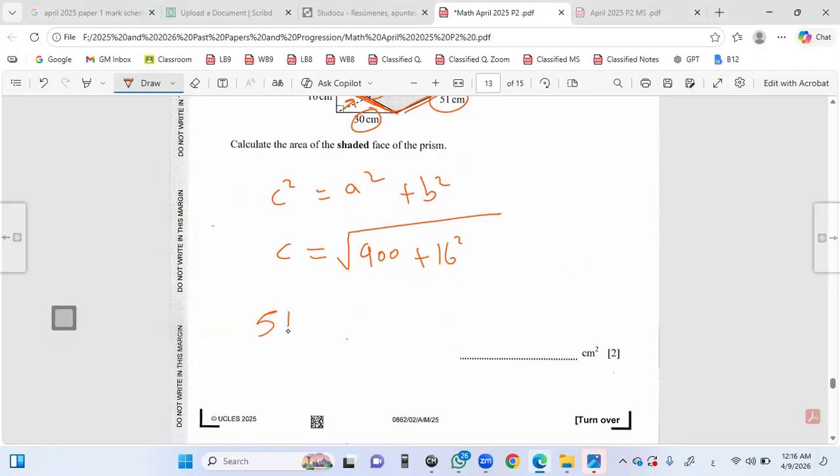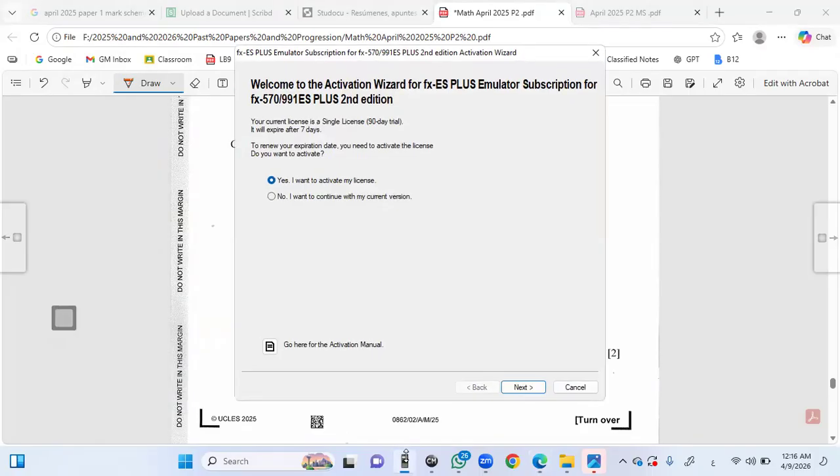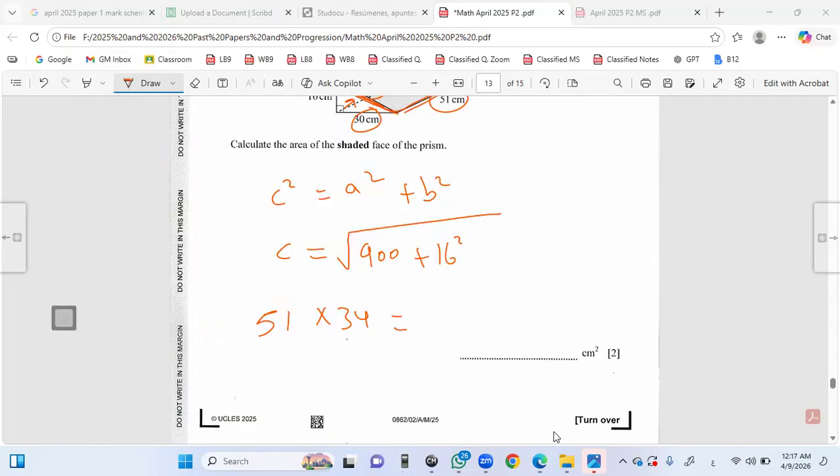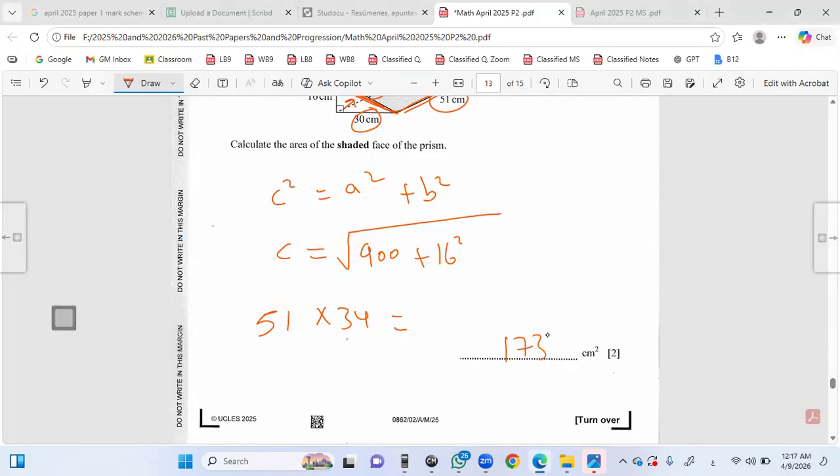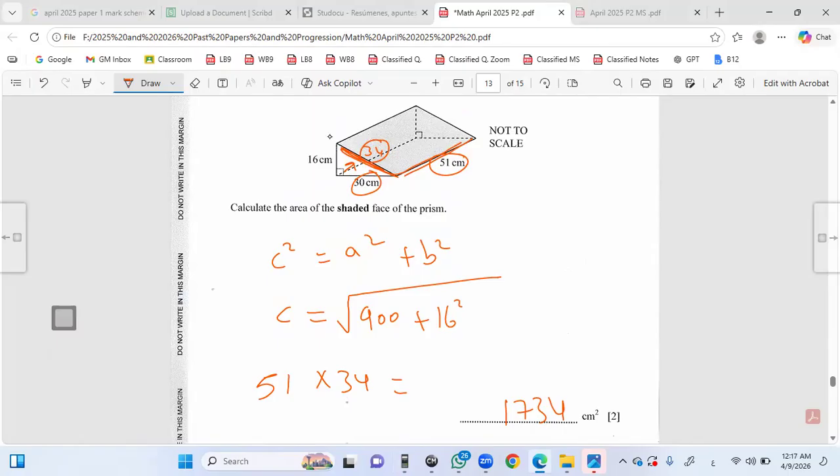So 51 times 34 equals 1,734. Now, I found the length of this side. I multiplied it by 51. It gave me 1,734 centimeters squared.